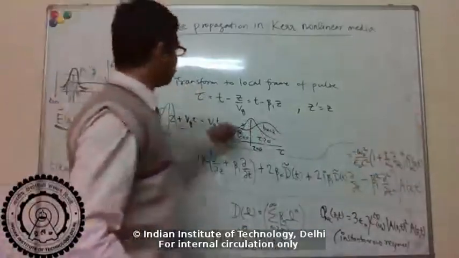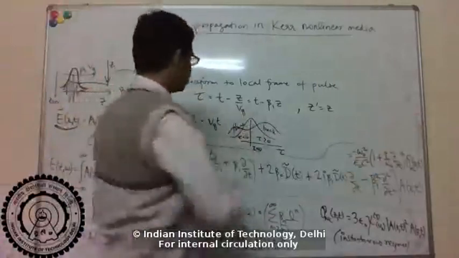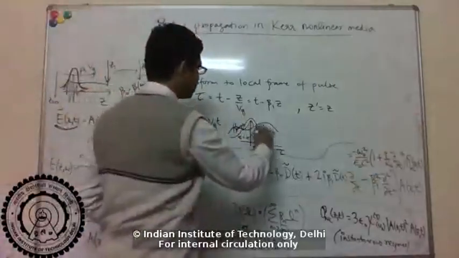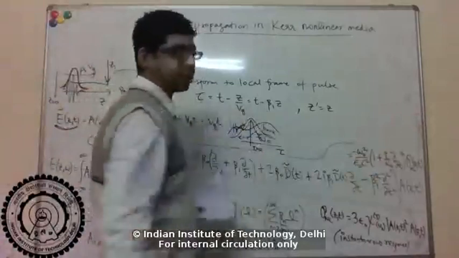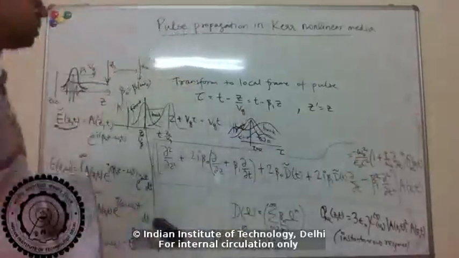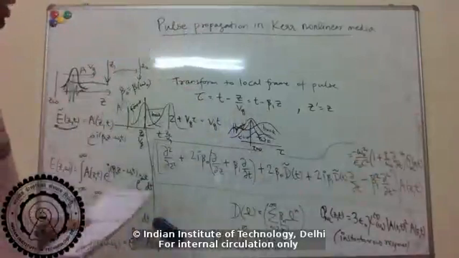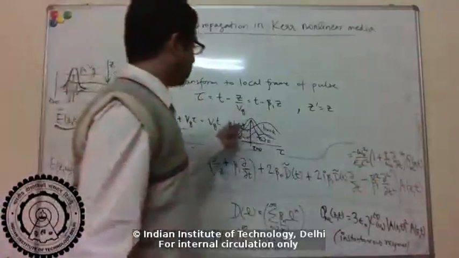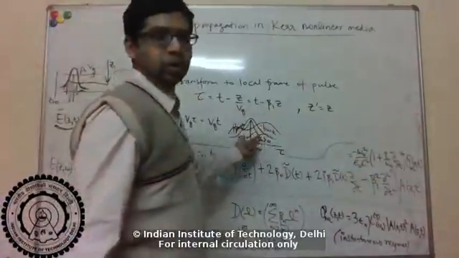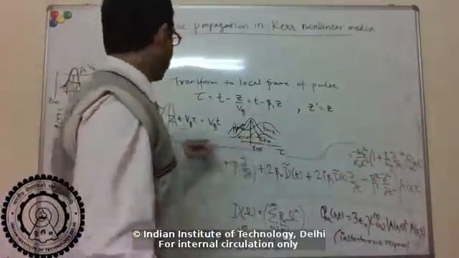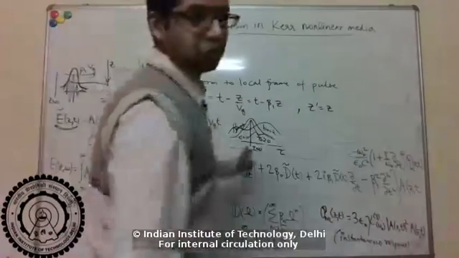But in this new frame, the pulse center won't shift. The only changes that can happen are to the shape or extent and that kind of thing. So then we are only measuring changes happening in the amplitude without having to keep track of how far the pulse has moved.